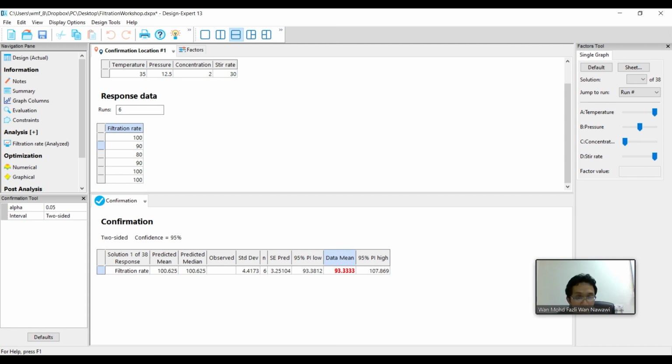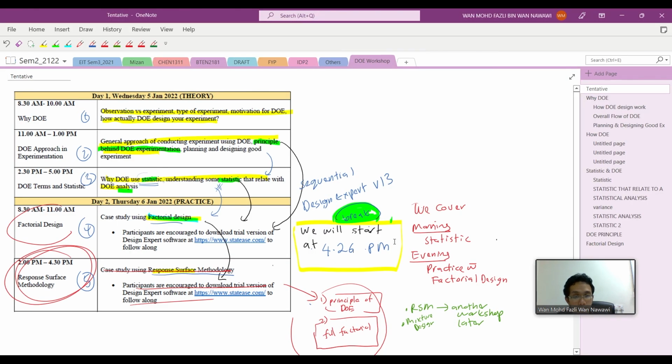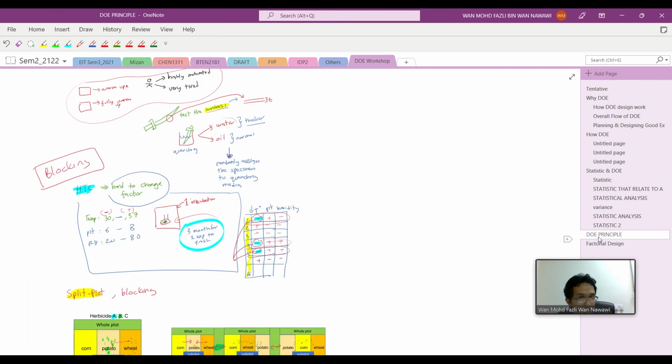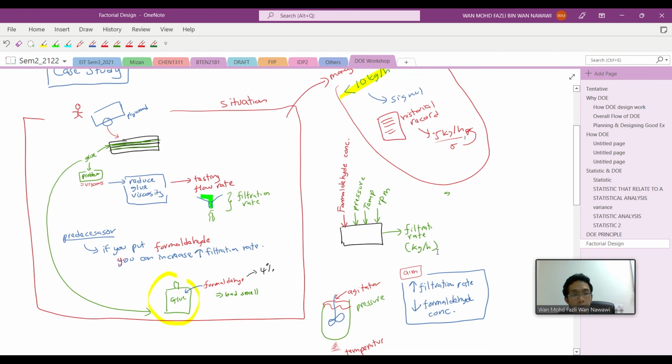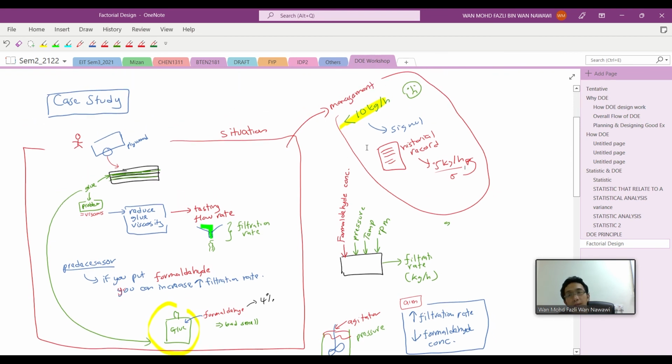You confirm the model, and in our case here, we already satisfy whatever the management wants. They want to increase the filtration rate, and we see that in order to increase the filtration rate, we found that reducing the formaldehyde concentration is possible.